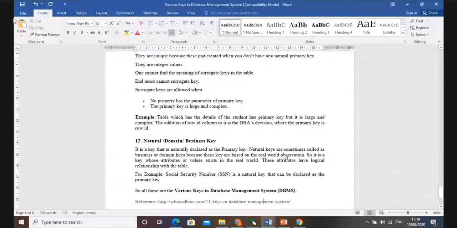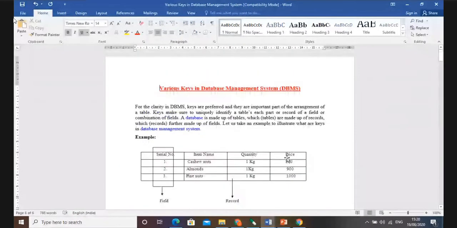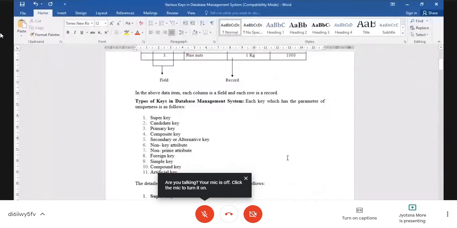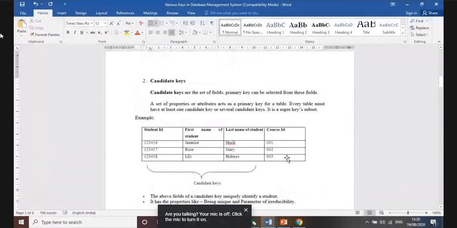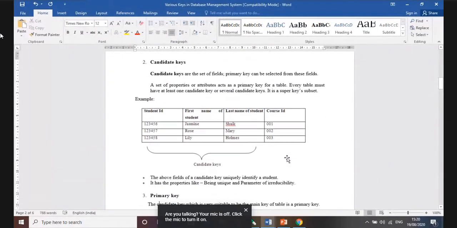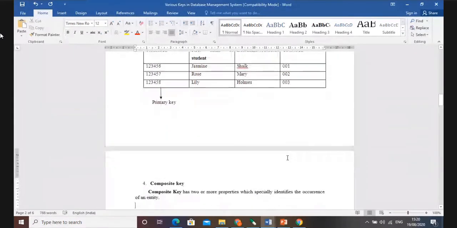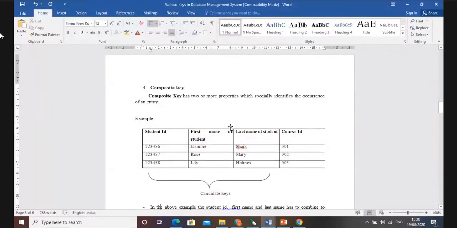Various keys. Here they have given a few theory points, but in the slide I have added the book theory also for more clarity. Composite key: a composite key has two or more properties which specifically identify the occurrence of an entity.